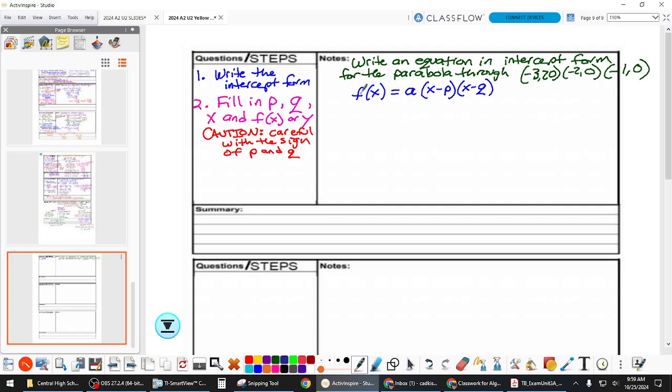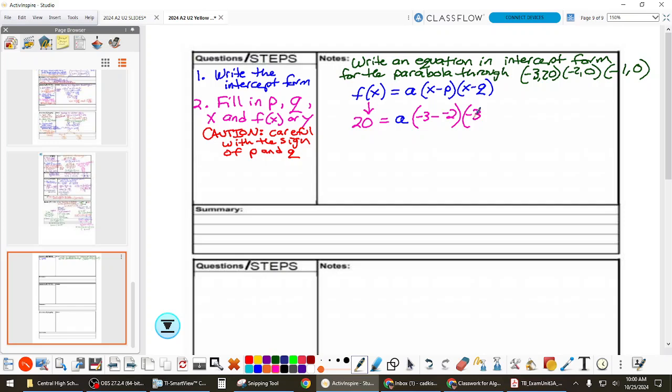What is f of x in all of this stuff? It's what? It's 20. Good. We're going to solve for a, so leave a alone. What is x? Negative 3 minus, what is p? Negative 2.